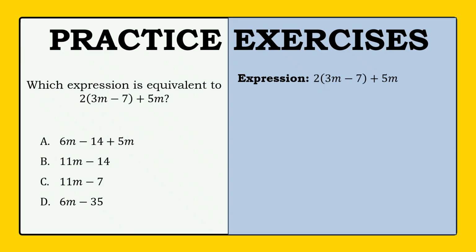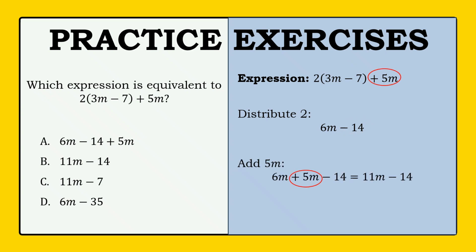In the expression 2 times the quantity of 3m minus 7 plus 5m, first distribute 2 inside the parentheses. So we have 2 times 3m is equal to 6m. 2 times negative 7 is equal to negative 14. Next, add 5m. So we have 6m plus 5m minus 14 is equal to 11m minus 14. And this is letter B.